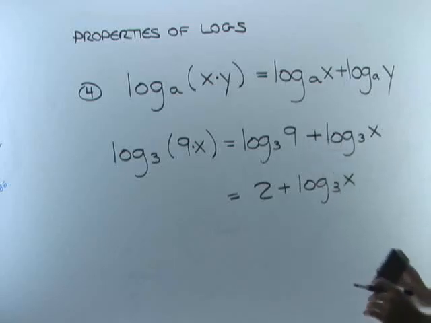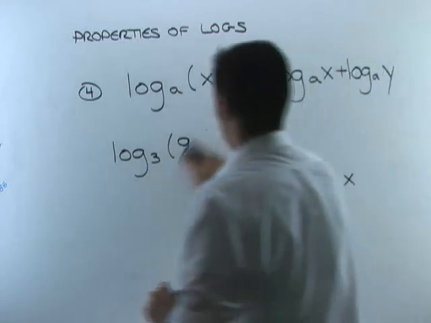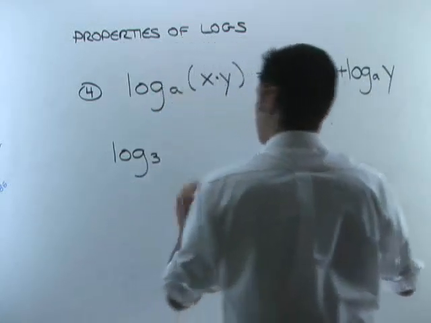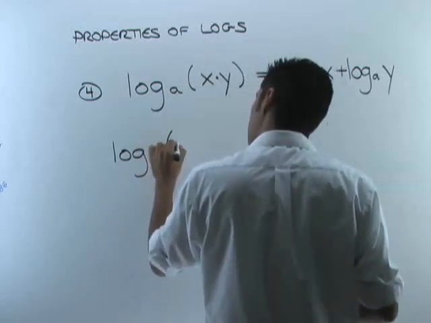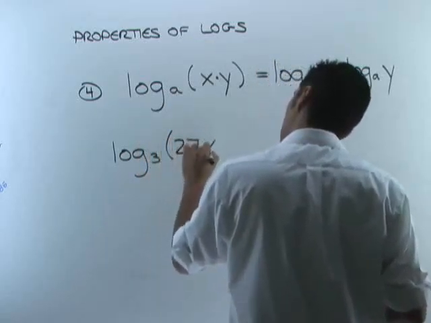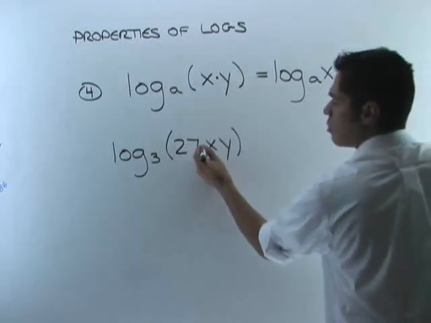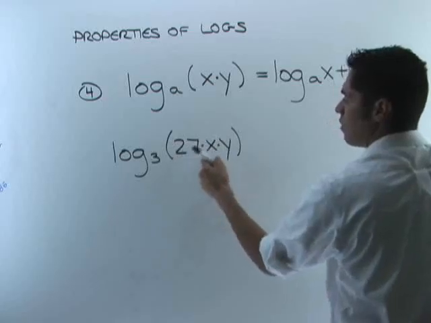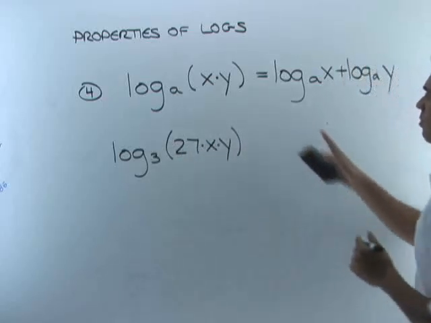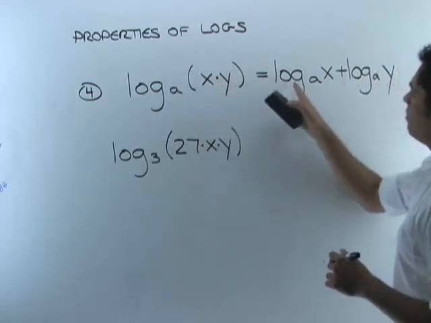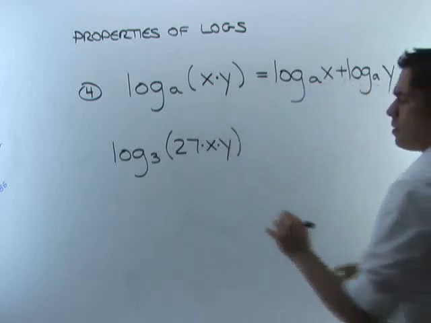Let me give you another example of using this property. Try something a little more challenging. Let's do 27xy. Now you have multiplication, but between three things. So just as you thought, if two things split up to be 2, then three things are going to split up to be 3.